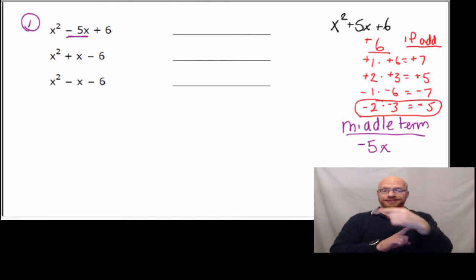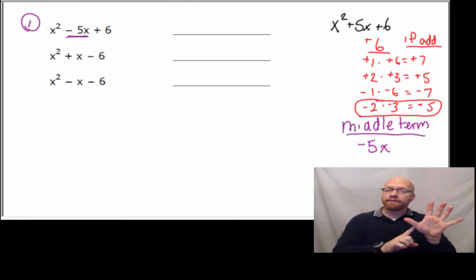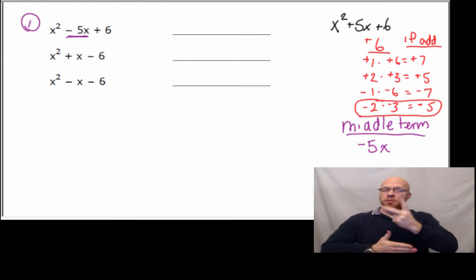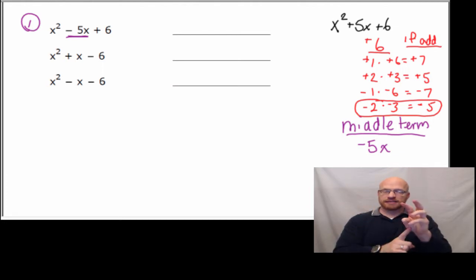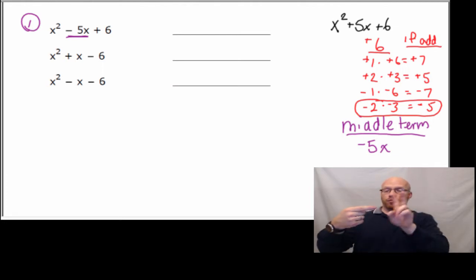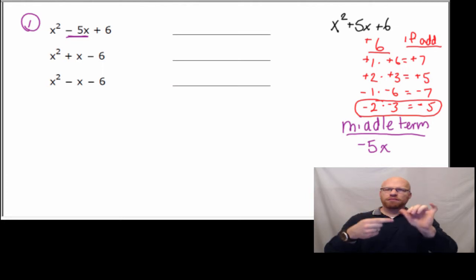Our last pair here, negative 2 times negative 3 is positive 6. And then negative 2 added to negative 3 is negative 5. So it satisfies both conditions, both things we need to do for this trinomial. Positive 6 is accomplished, and then negative 2 plus negative 3 is negative 5.